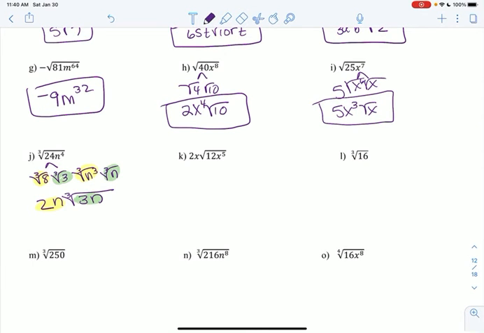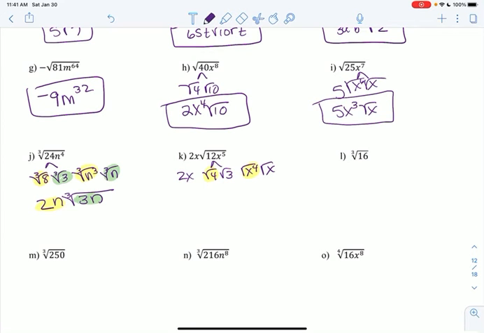All right. And let's look at this next one, k, 2x. So that's going to hang out in front. Let's worry about the 12. 12 breaks down to 4 and 3. Let's break down the x to the 5th. So that breaks down to x to the 4th and x, because I want an even number. So anything that can be simplified, which is a perfect square, are these guys.